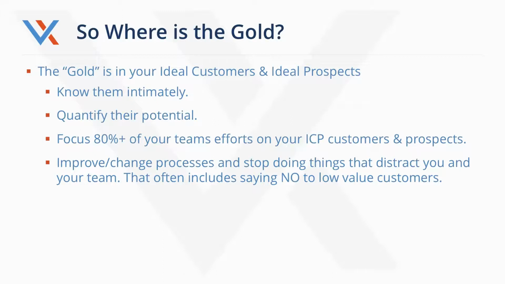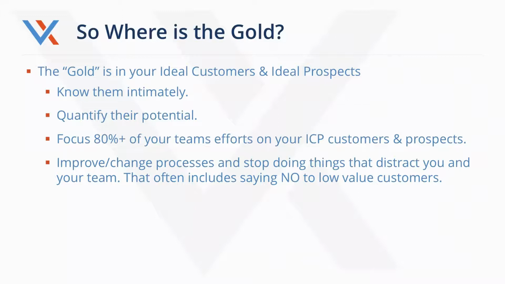The third is to really focus, 80% or more. I'd like to see 85 or 90% of your team's efforts on your ICP customers and prospects. And I use the term team because in my mind it's really important. You want your team to know who your ideal customer profile is.